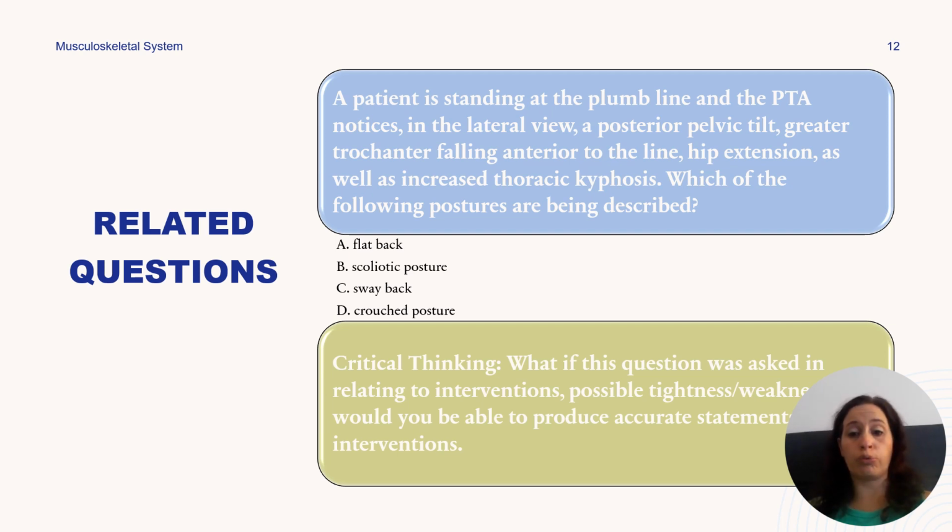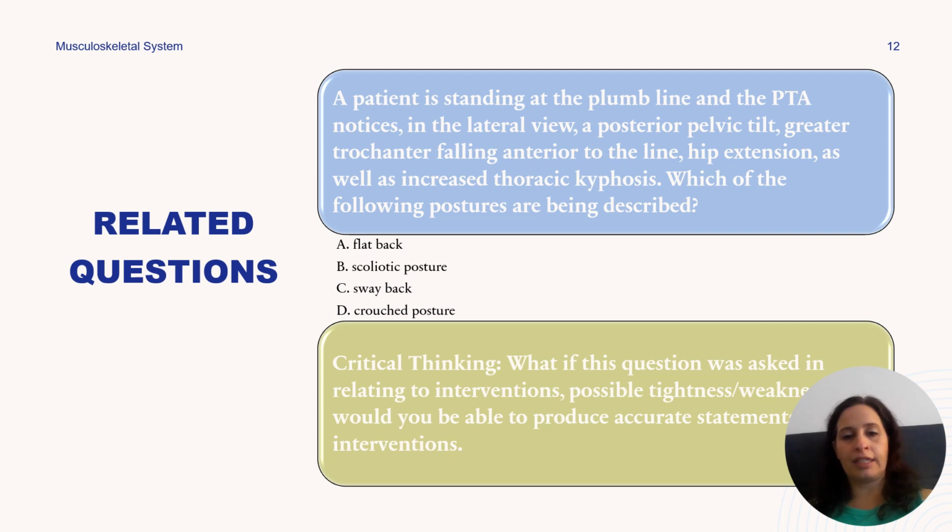So again, the issue sometimes with the boards is that they write stuff out and you have to picture it. The way that they are trying to fix that is by adding more pictures and more videos, but sometimes they do write it out. And you have to be able to really visualize it.